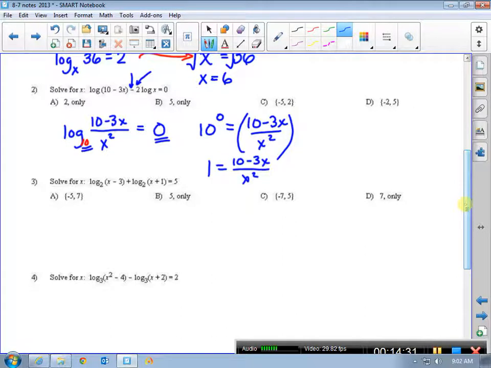I'm going to cross multiply, and I get x squared equals 10 minus 3x. It's a quadratic, so I want to get 0 on the right. Add over 3x. Subtract over 10. And let's see if this factors nicely.